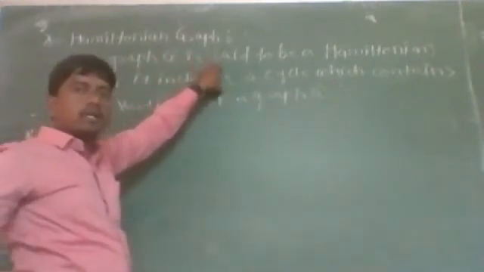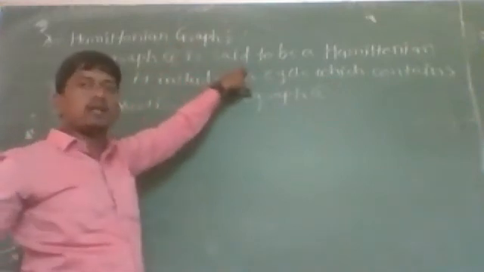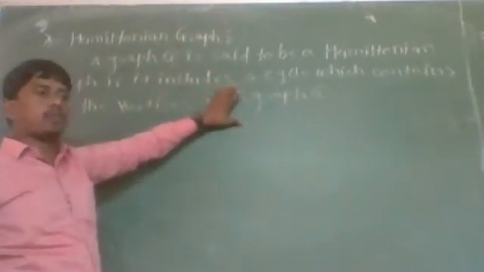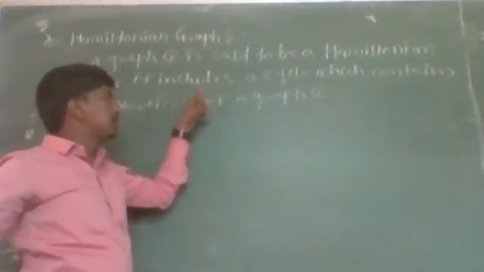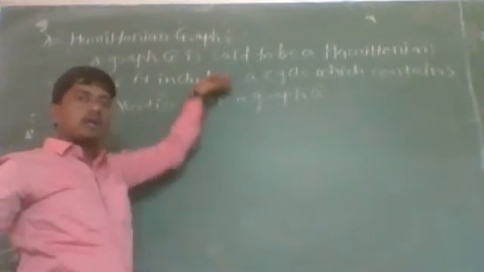Hamiltonian graph. A graph G is said to be a Hamiltonian graph if it contains a cycle which includes all the vertices of the graph G. That is, if there exists a cycle which includes each and every vertex of a graph G, then the graph G is said to be a Hamiltonian graph.